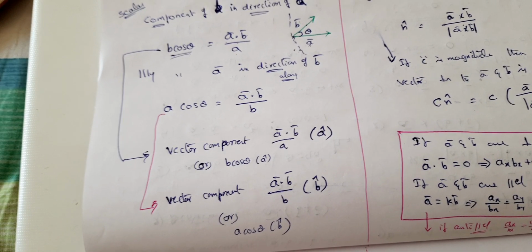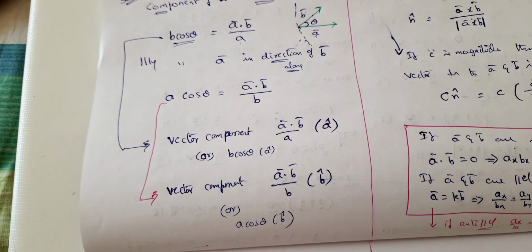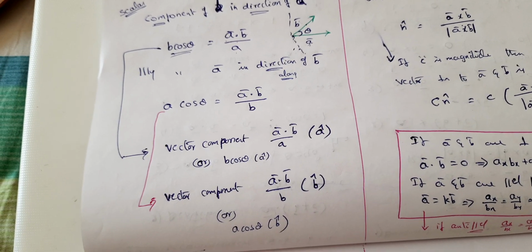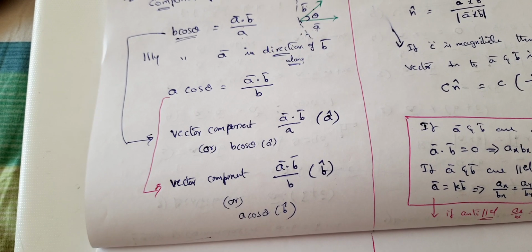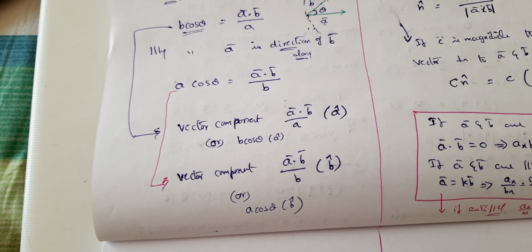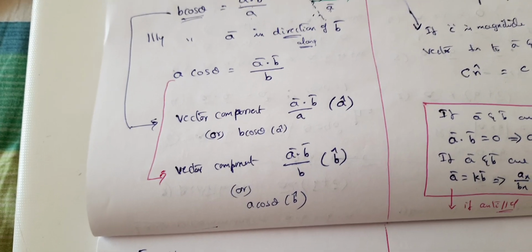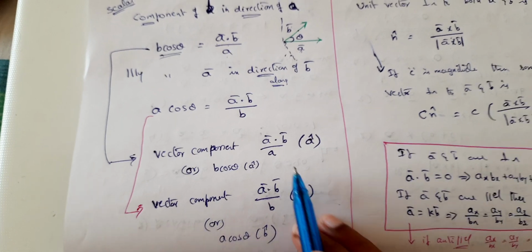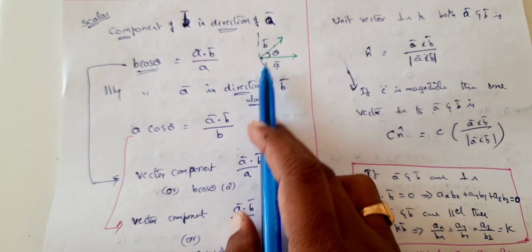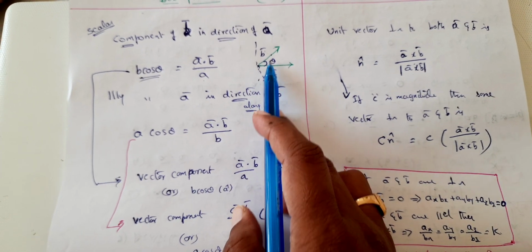They may or may not specify it as a scalar component, but if they write just a component, it means a scalar component. Suppose they specify it as a vector component, what are we going to do? So that means here the components of the vector we take as scalars.